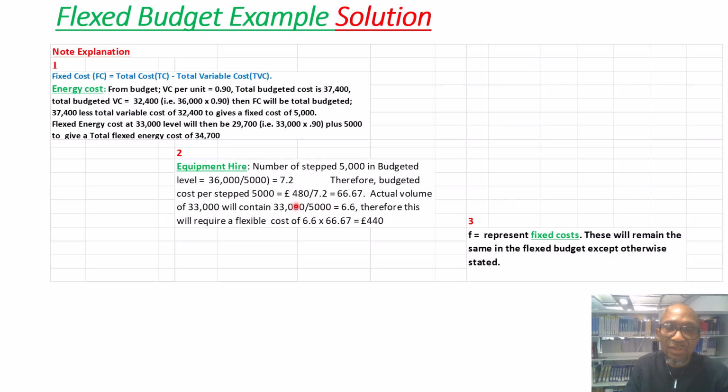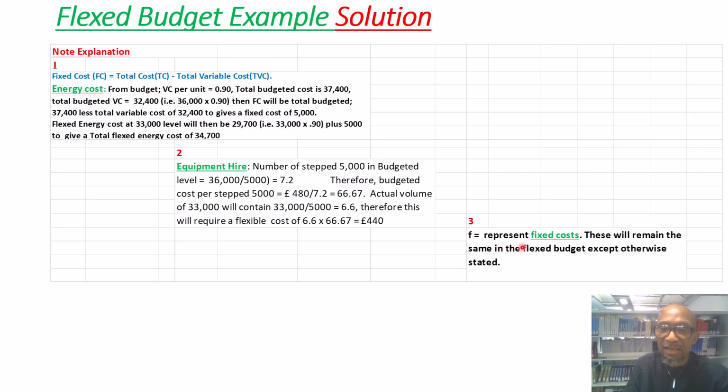That is 480 divided by 7.2 equals 66.7 pounds for each step. Looking at the actual volume, which is 33,000, we will have 6.6 steps of 5,000. So it is this 6.6 steps times the cost per step, 66.67. That's how we got the 440 for the equipment hire.